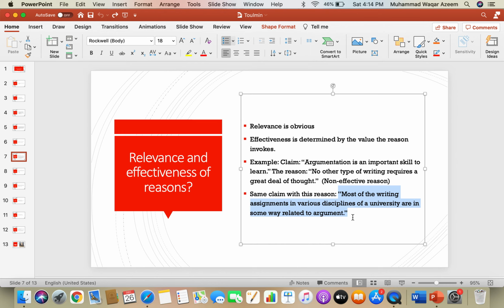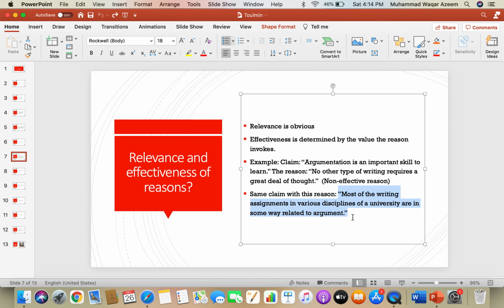So that means that argumentation is an important skill to learn in a university, because in various disciplines of a university, the students need to write many assignments, and those assignments require argumentation.